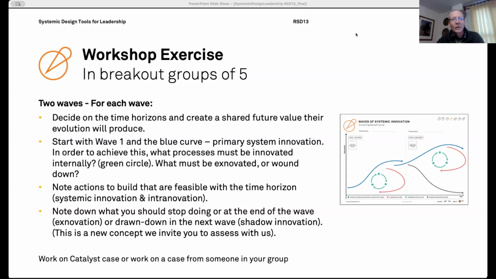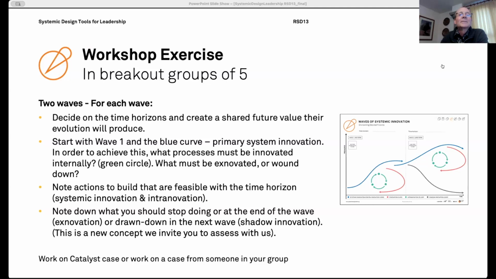If not, try the Catalyst, try the community capital financing or social innovation financing. That is actually a pretty big area right now. And so just try on your systemic design innovation thinking here. So I'll open the rooms and we'll visit a couple.